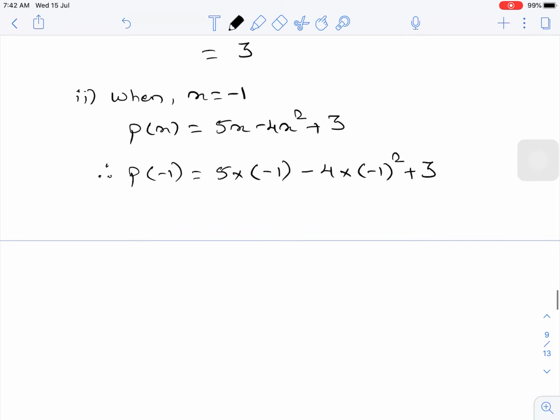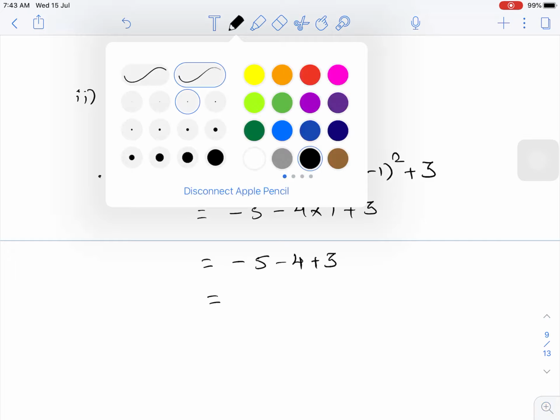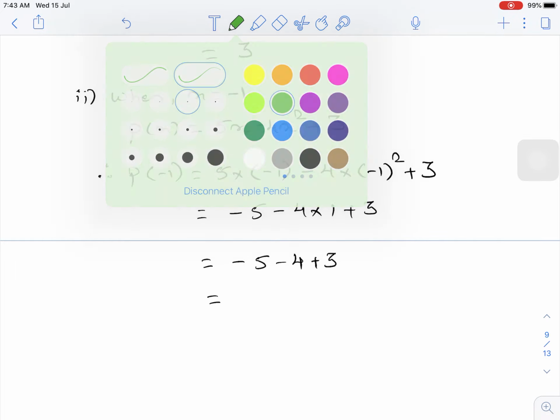So what value will you get? Now plus into minus will become minus, and 5 ones are 5, so you will get minus 5. Then minus 4 into, now minus 1 square will be 1, plus 3. So minus 5, then minus 4 into 1 will become minus 4, plus 3. So now we'll do pairing of these numbers.